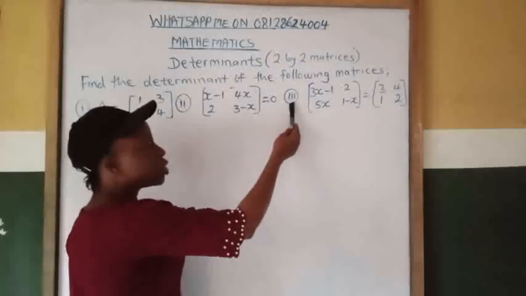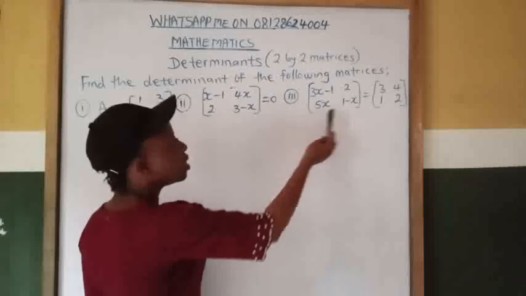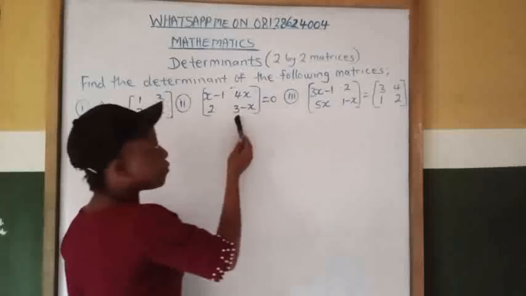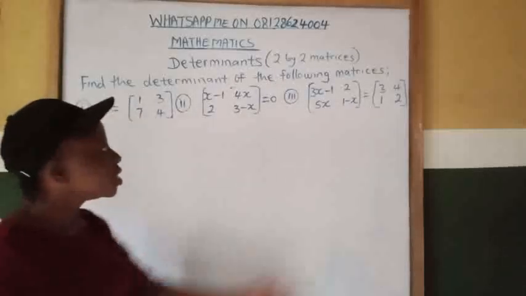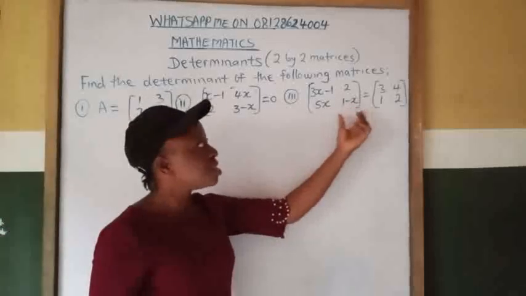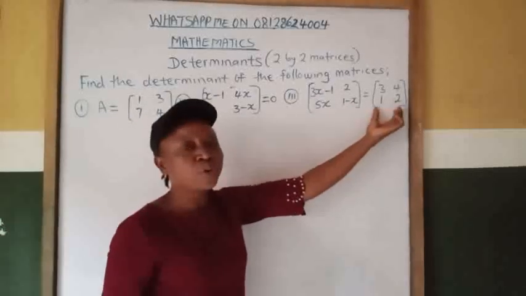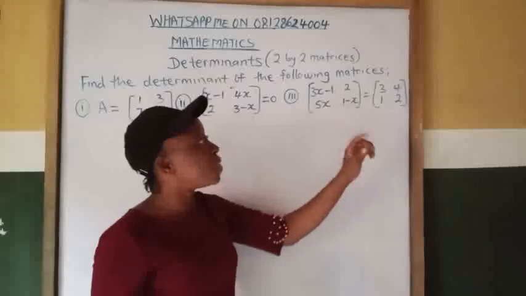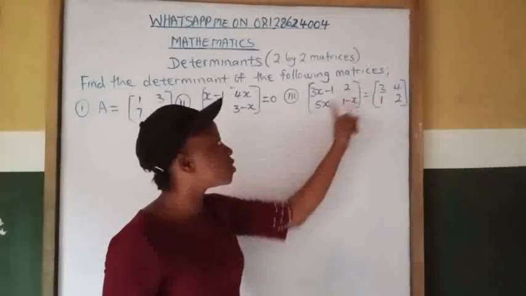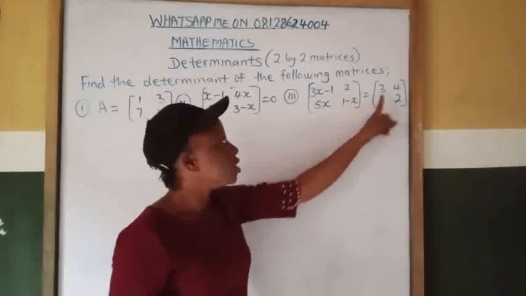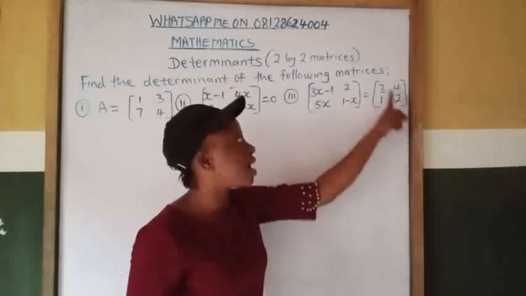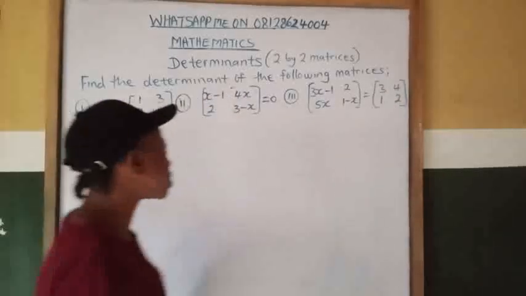Let's take the last question on 2 by 2 matrix. This one is a little bit different from question 2. A 2 by 2 matrix is equal to another 2 by 2 matrix. Don't forget that a 2 by 2 matrix consists of 2 rows and 2 columns. This one also consists of 2 rows and 2 columns.